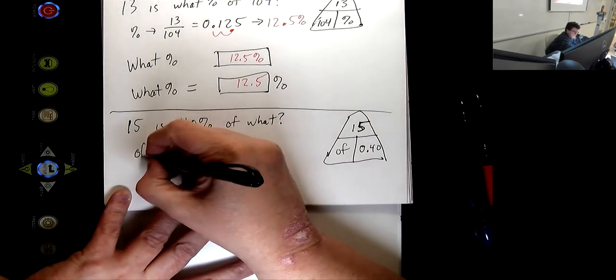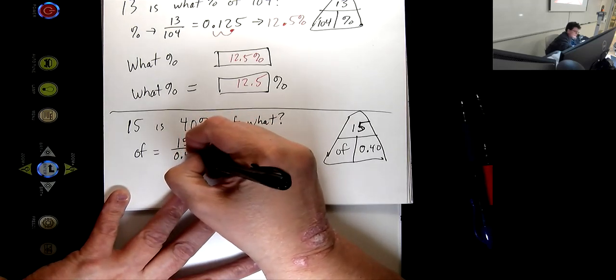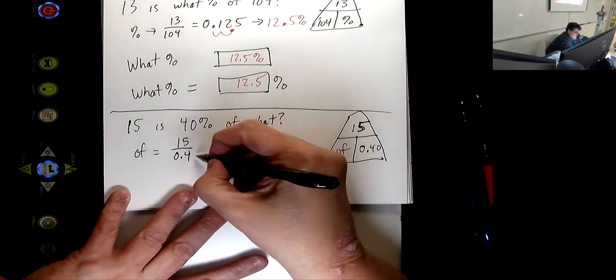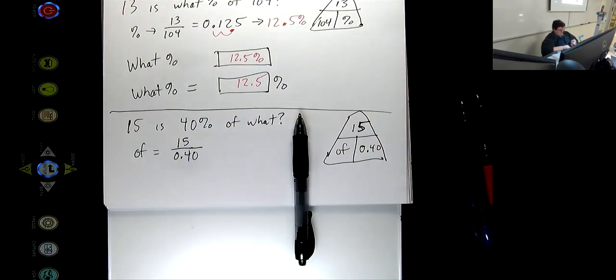So my "of" is going to be 15 divided by 0.40. I don't know what that is offhand. Only some of these I can get straight out the gate. I'm guessing 37.5 is your guess. That's right. Look at that.